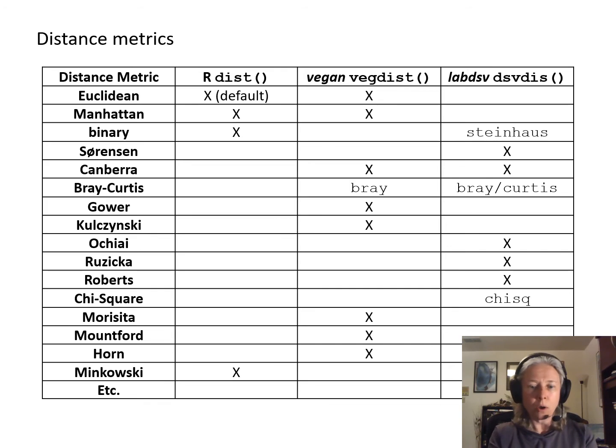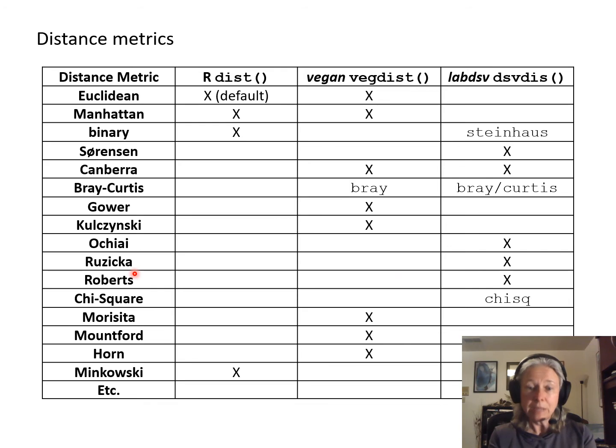And there are all of these different kinds over here, and there are many others that I haven't had time to go through. These are the major ones here. Euclidean and Bray-Curtis are probably the most commonly used. Bray-Curtis is probably the most commonly used of these. And each of these has its own properties and so forth. And you can see that certain packages only do certain ones.